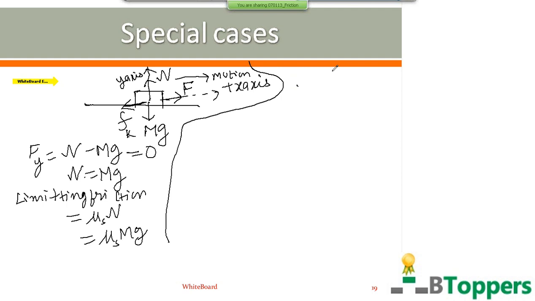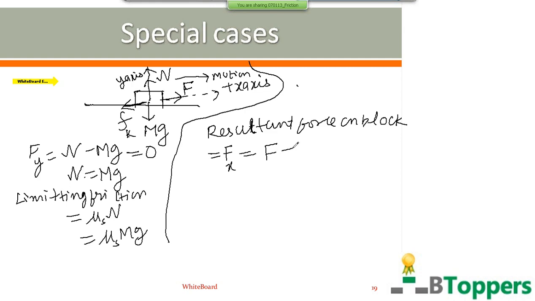Let us suppose the horizontal force which is just sufficient to start the block moving is applied to the block, and the same force is maintained even after the motion begins. So the resultant force on the block when it is moving along the floor, we call the x component of resultant force, because Fy is 0.